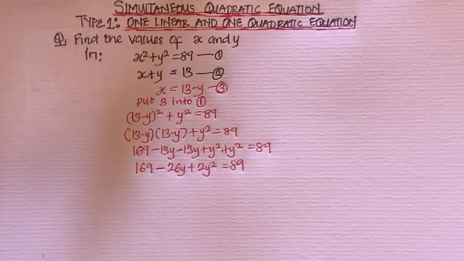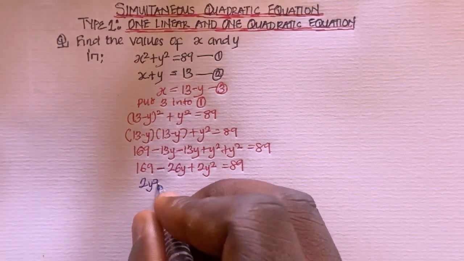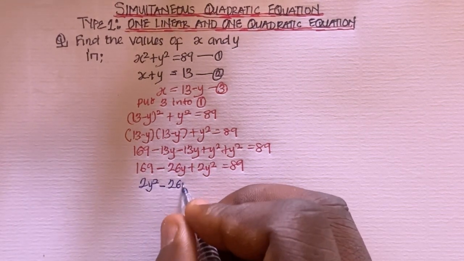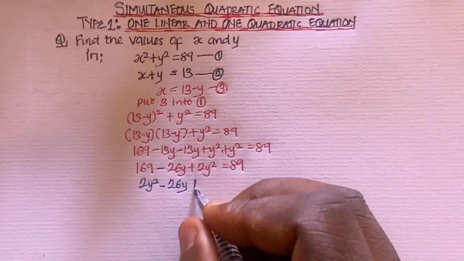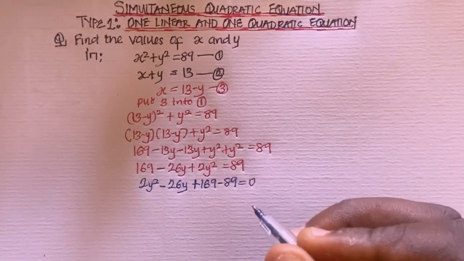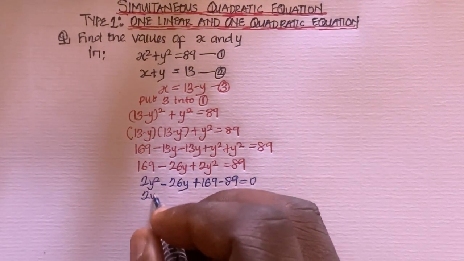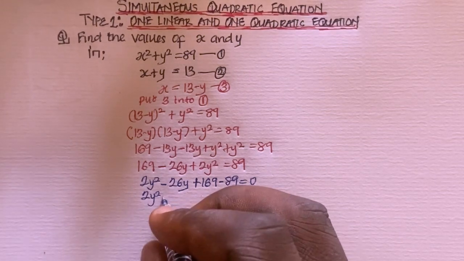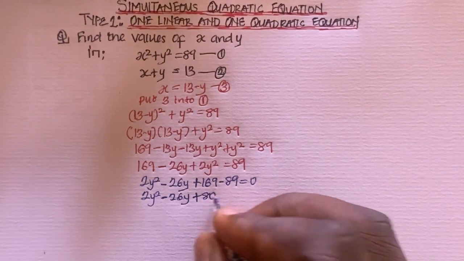The next thing I'm going to do is simplify. So I'm going to have 2y squared minus 26y plus 169 minus 89 equals 0. 169 minus 89 gives us 80.